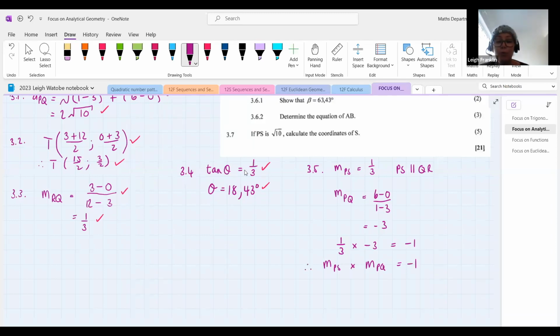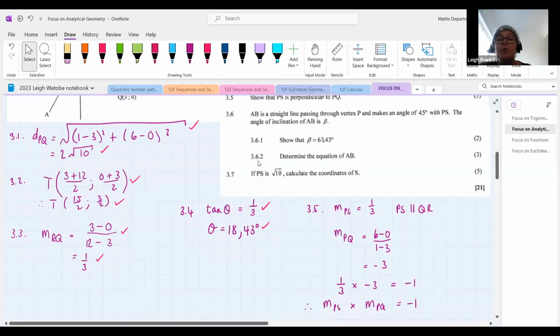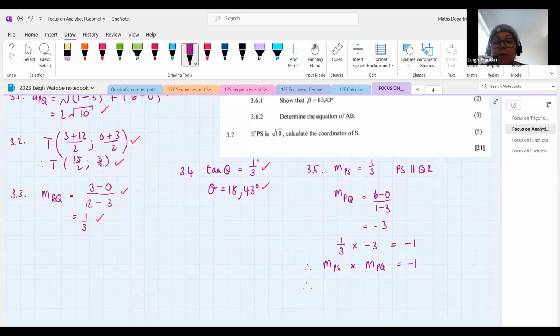We have proved it. We didn't start out assuming that it was true. We've proved it, and therefore PS is perpendicular to PQ. So that's the correct way.